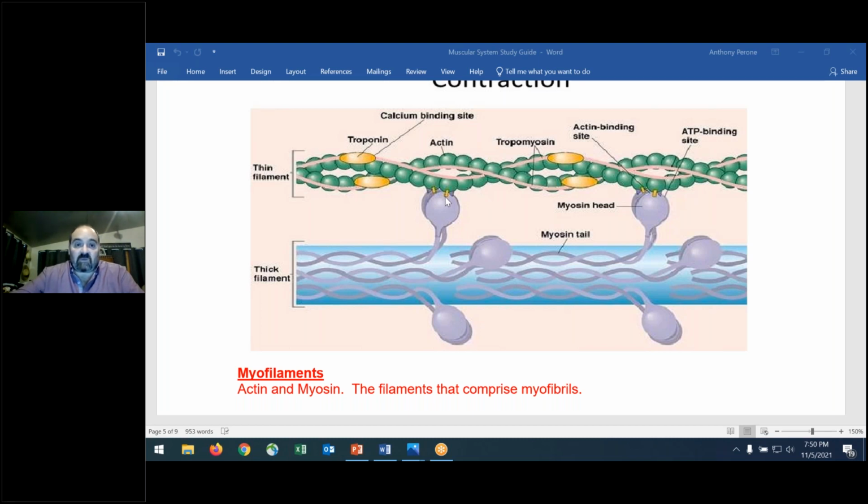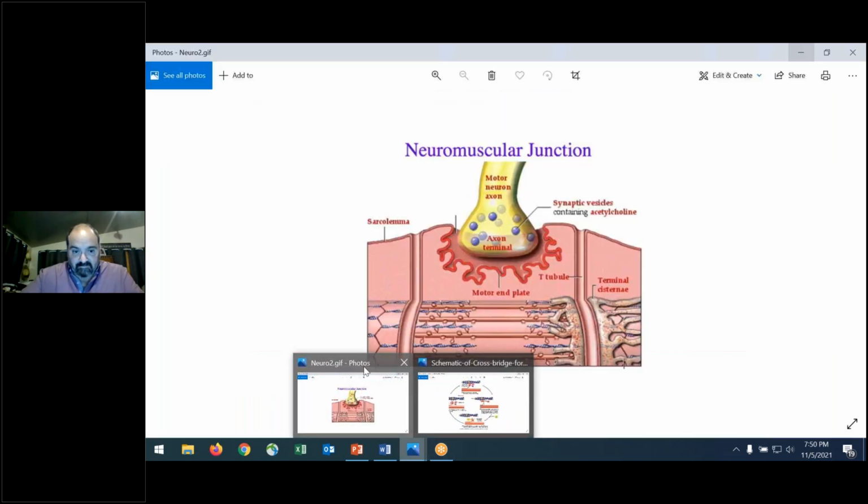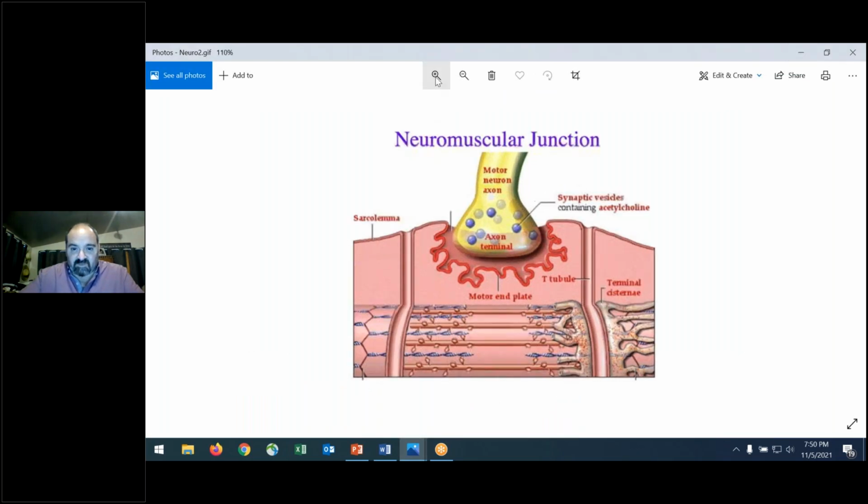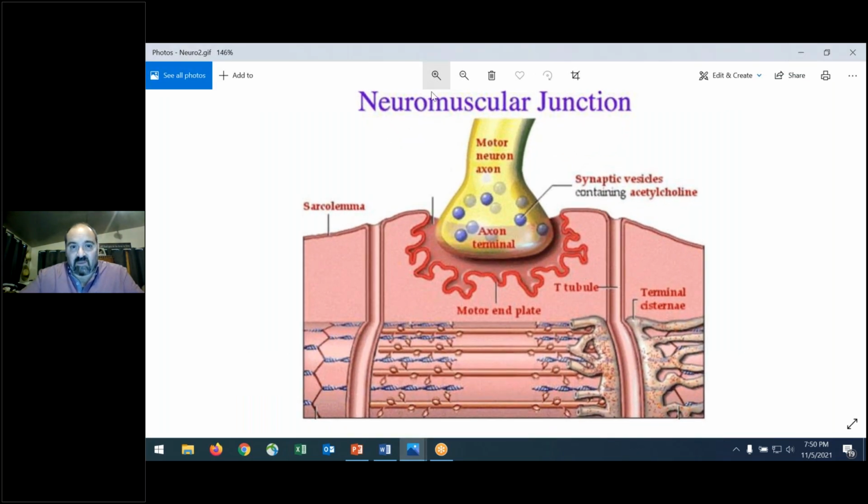Okay. So really important for you to know step by step, so let's take a look here. And I'll make this a little bit bigger. And so here's the neuromuscular junction, right? We have in yellow here represented the nerve, and we have in red, below and inferior to it, the muscle. We would call this area here the motor end plate, where there's not a touching, so the nerve and the muscle do not touch.